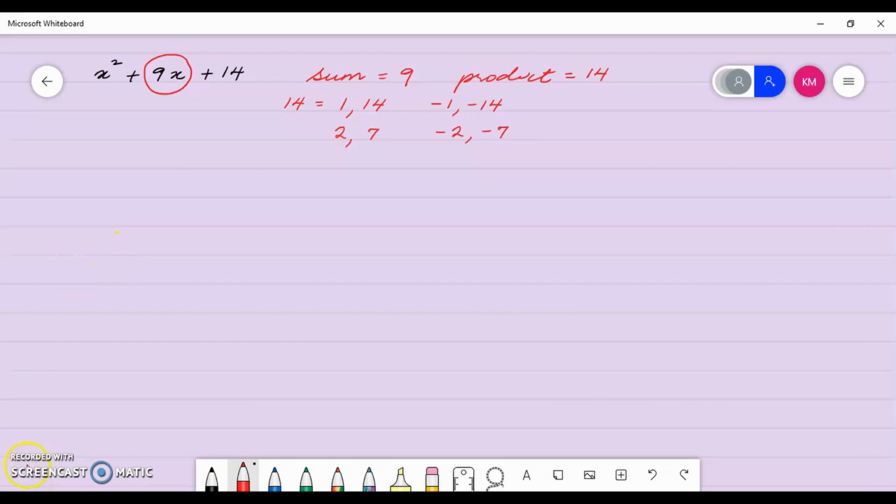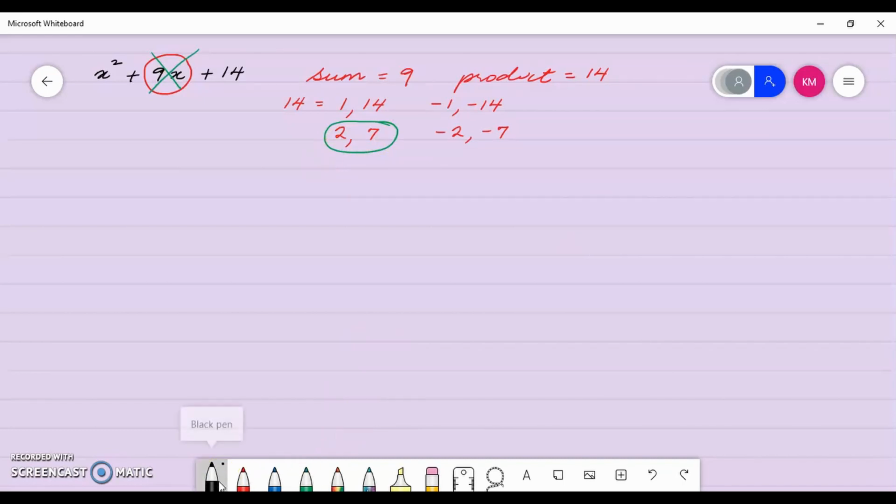That's it there. So now I choose from those pairs which pair gives the sum of 9. So if I look carefully, I'm going to see that this pair here, when added, gives 9. So now I'm going to replace that with 2 and 7.